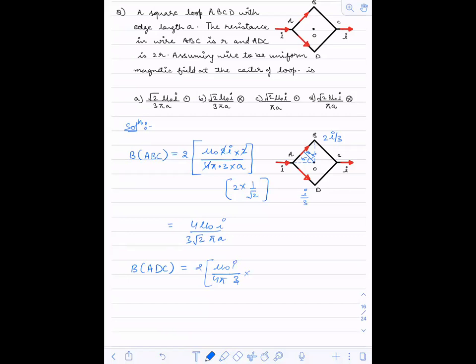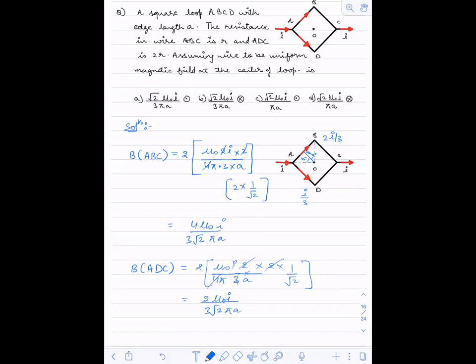So A by 2 means A by 2 into 2 into 1 by root 2. So you will be having this thing in this case. So just see here, 2, 2 and 4 gets cancelled. So I'm having here, I will get 2 mu naught I by 3 root 2 pi into A. This is what I get over here.